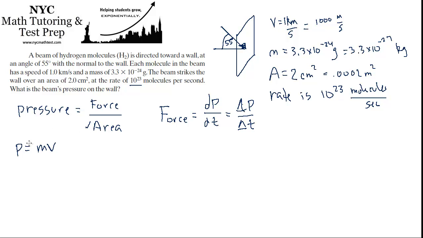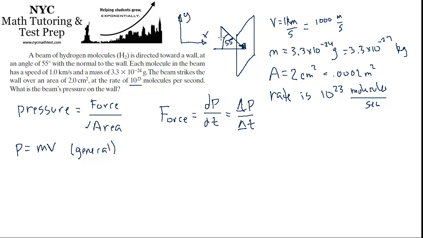And now I think we're getting warmer because we have a mass and we have a velocity for these molecules. But our situation is a little different. This is kind of general. We're not hitting the wall squarely, right? So if we define our reference system as having positive x to the right, we're hitting the wall at an angle of 55 degrees to the normal. So the momentum that the molecule carries directly into the wall, you can draw this triangle here.